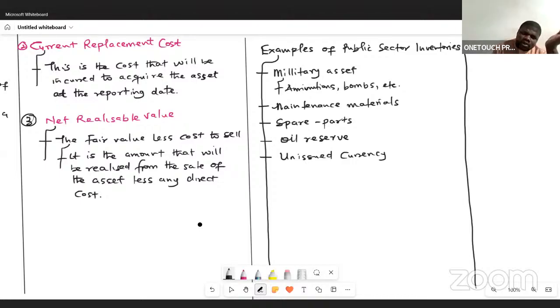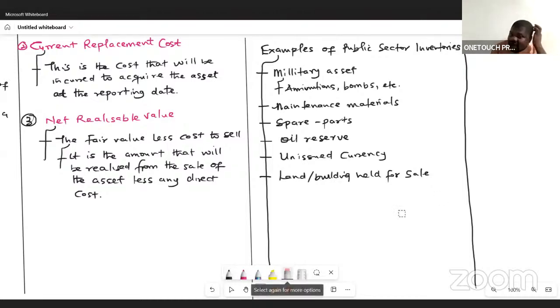There's one that is common in FR and then in the public sector, that is land. If you have land or building held for sale, it is what? Inventory. In public sector too, for example, we have a public sector corporation called the Ghana Free Zone Authority.